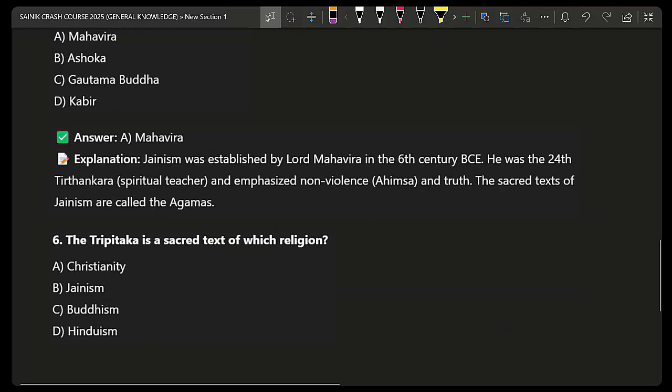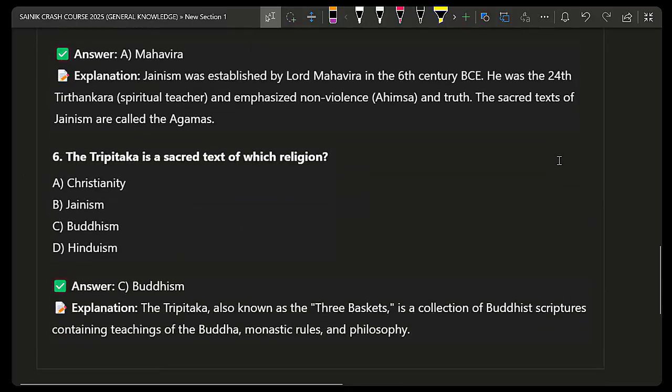Time up. 1 student said Hinduism, wrong answer. 2 students said Christianity, wrong answer. 5 students said Jainism, wrong answer. 8 students gave the correct answer, that is Buddhism. The Tripitaka, also known as the Three Baskets, is a collection of Buddhist scriptures containing teachings of the Buddha, monastic rules, and philosophy. Next question.